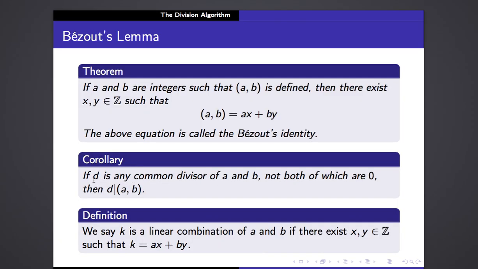Here it is. If D is any common divisor of A and B, not both of which are zero, then this common divisor of A and B divides the greatest common divisor of A and B. In fact, we proved this.